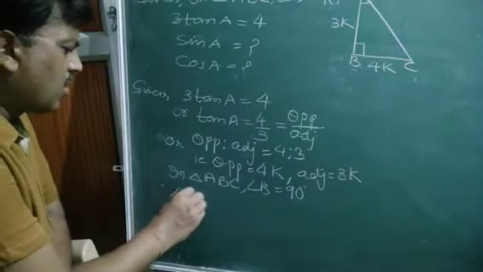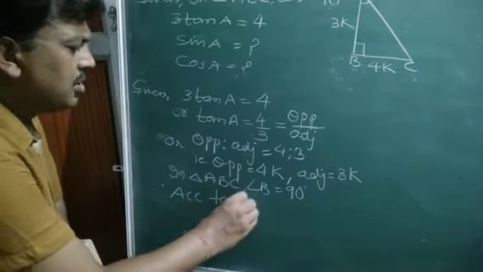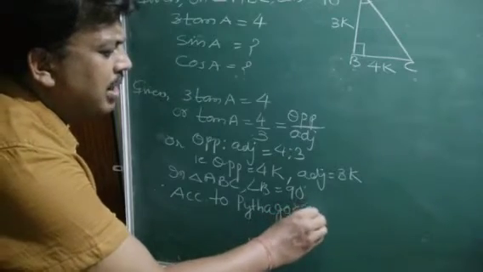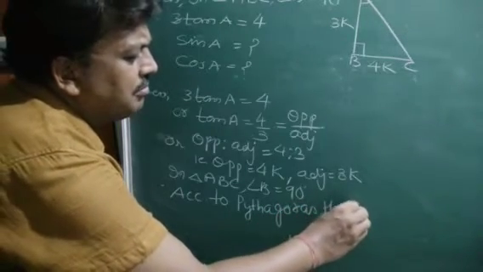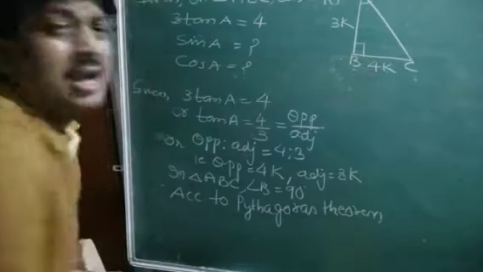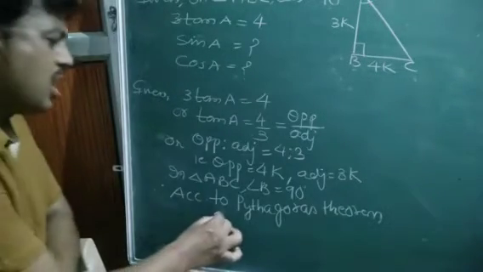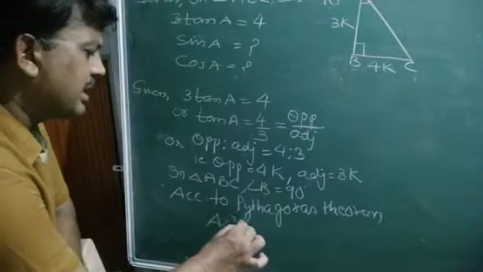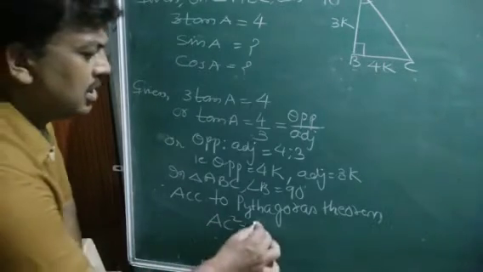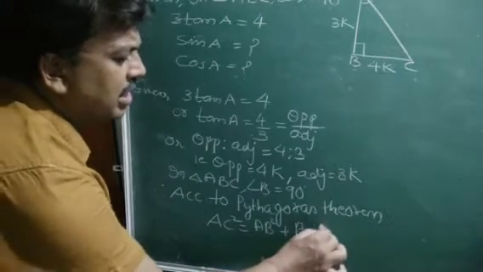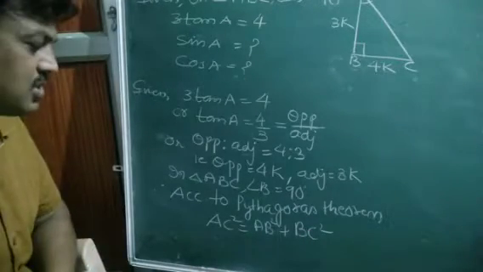Therefore, according to the Pythagoras theorem, what can you write, children? Hypotenuse side, that is AC square, is equal to AB square plus BC square.